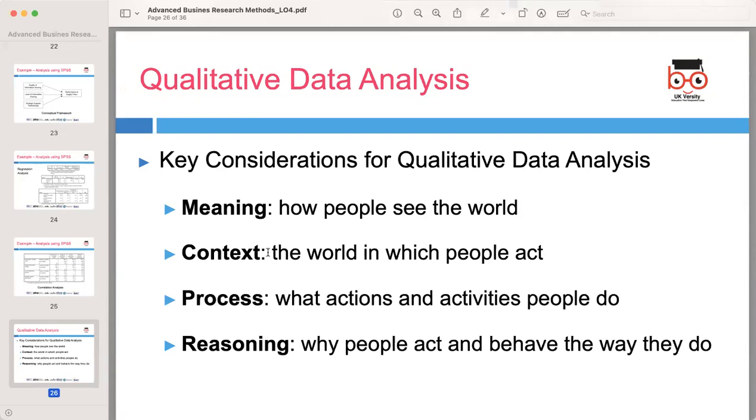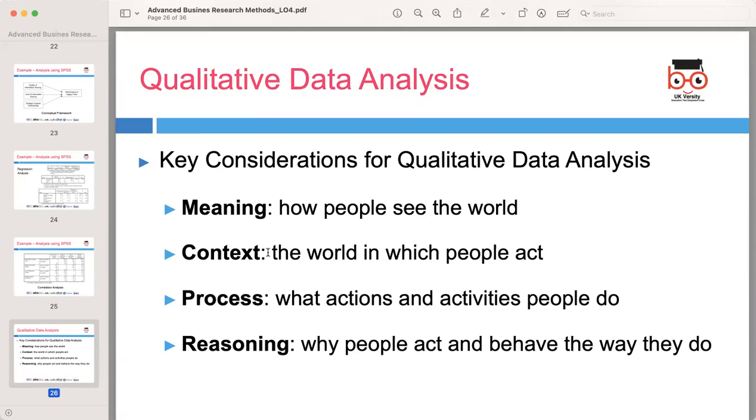It is important to focus on how individuals perceive and interpret the world around them. This involves understanding their experiences, beliefs, values, and emotions. We can gain insight into their unique understanding of reality.